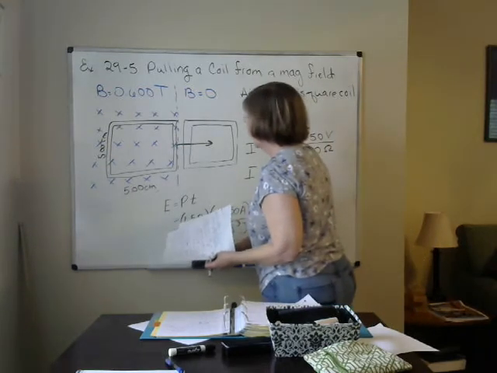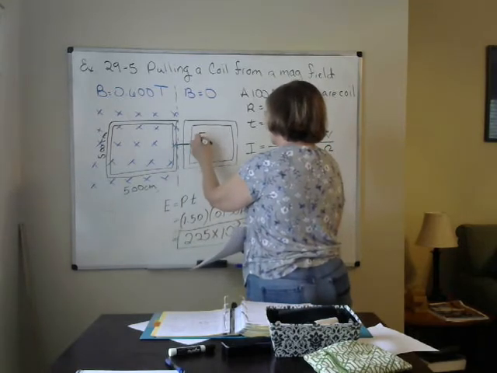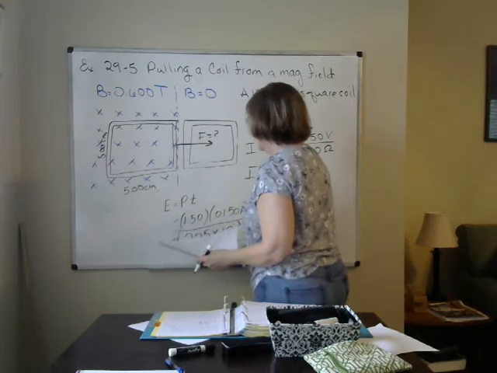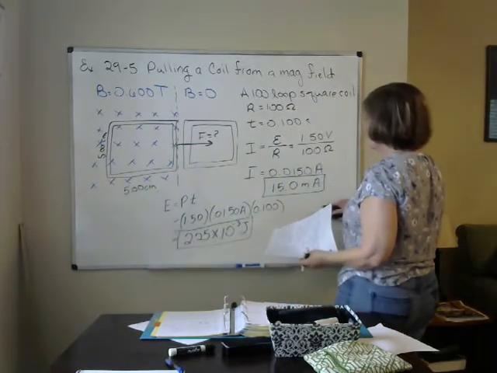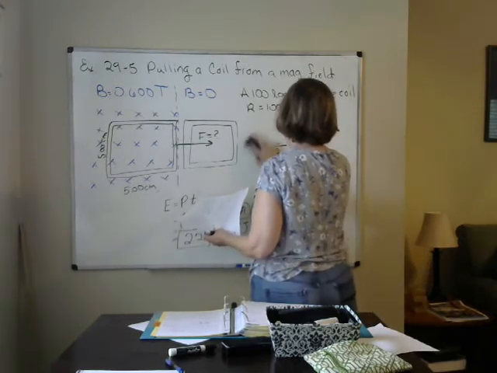Finally, they want to know, how much force did I have to exert here to do this? Well, one way we can think about figuring out the force is if we think about work and energy.